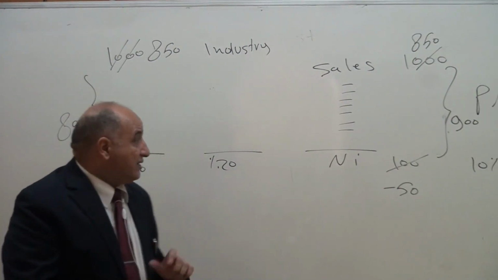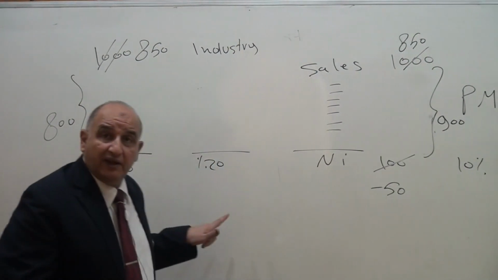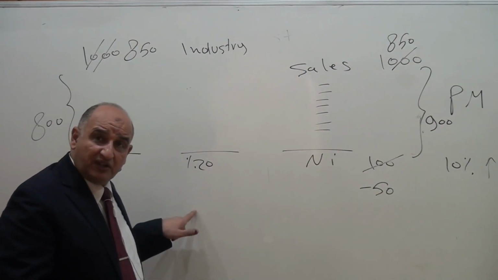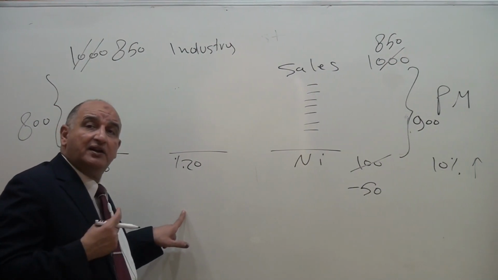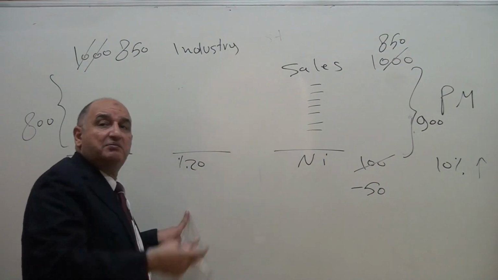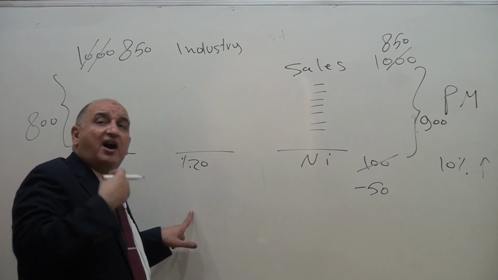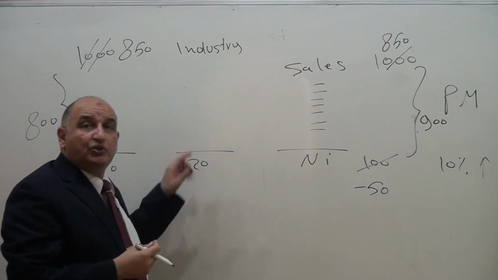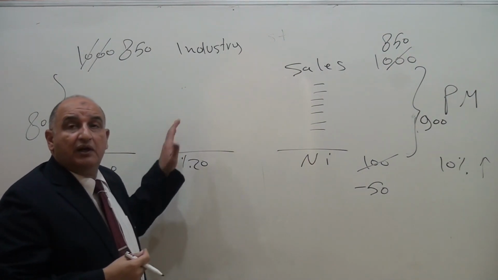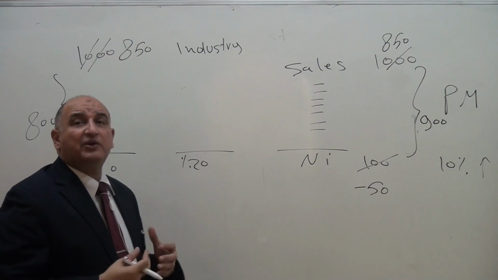So the higher the profit margin, the higher the competitiveness you can have, and you will have a high ability to reduce your price without being affected.